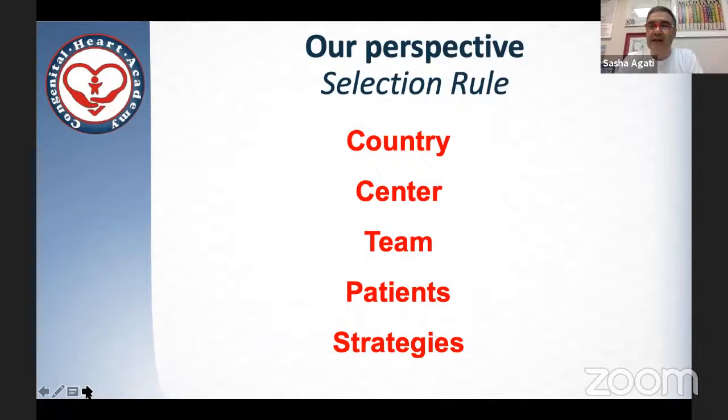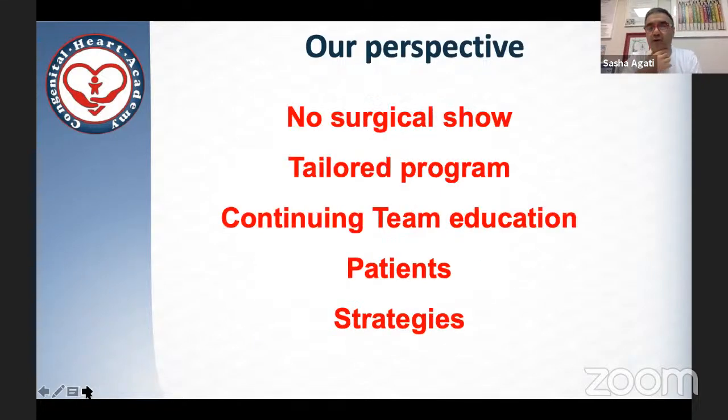So I think that selection is one of the main points to achieve something that the people really need in this country, or this area that is difficult to access.